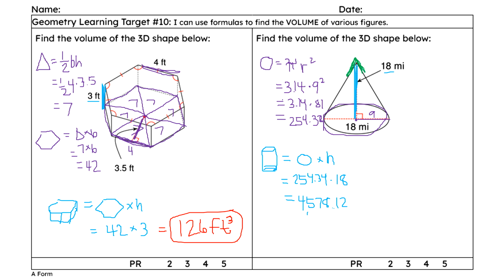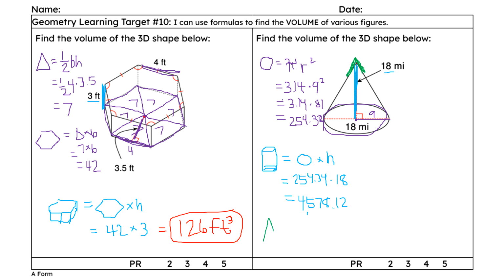Now, a cone will fit a number of times into a cylinder. In fact, this cone will fit exactly 3 times into the volume of its mother cylinder. So if I know the cylinder's volume, all I need to do is find 1/3 of that to get the cone.